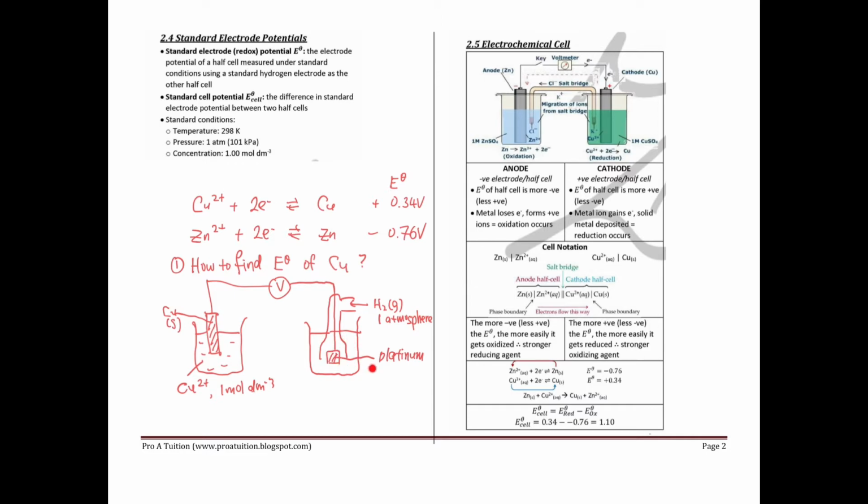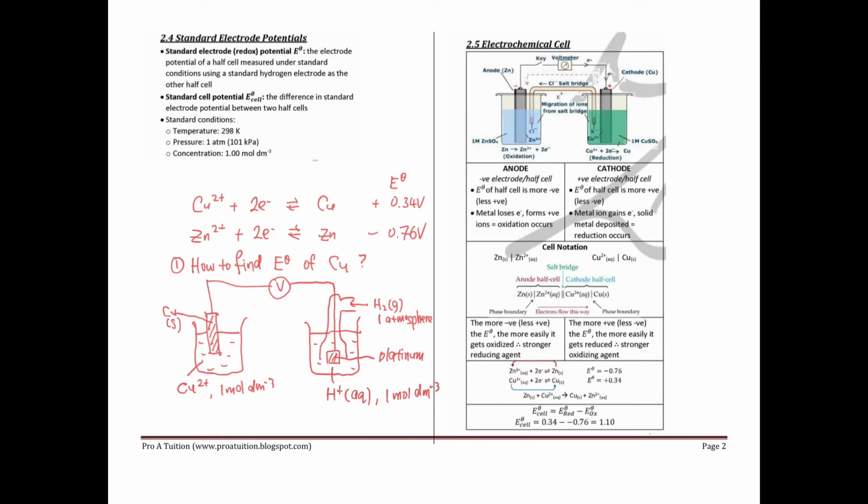I have to mention the electrolyte here also. The electrolyte will be H+ aqueous with 1 mole per dm cube. For example, you can use HCl, hydrochloric acid with 1 mole per dm cube. Then it will create this amount of H+ at this concentration. This is how we connect it.